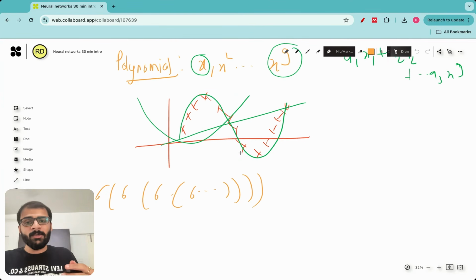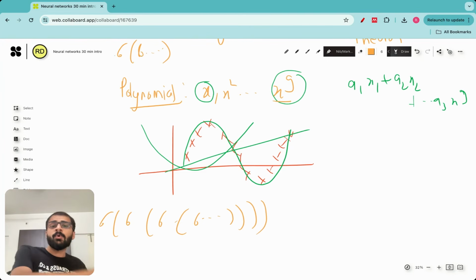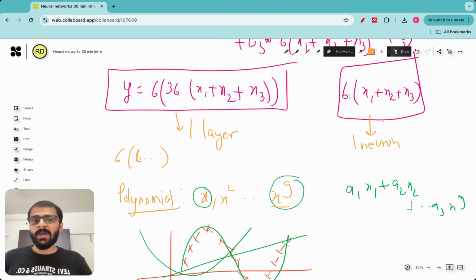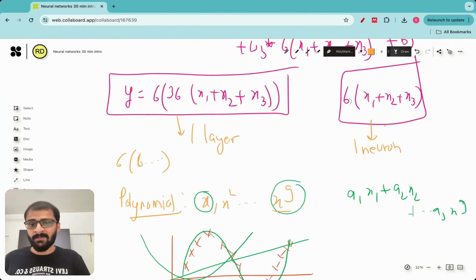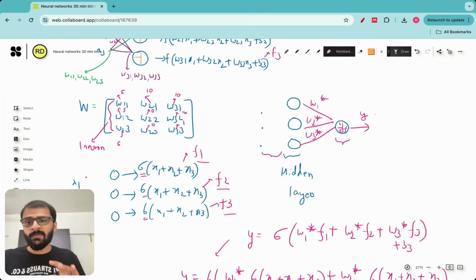So it is equivalent to saying the polynomial order is increasing and the neural network is becoming more and more expressive. That's why people use more layers, because the more layers you have, the more expressive the neural network becomes. Similarly, the more neurons you have, the more expressive a neural network becomes. So these are the two fundamental building blocks of a neural network.